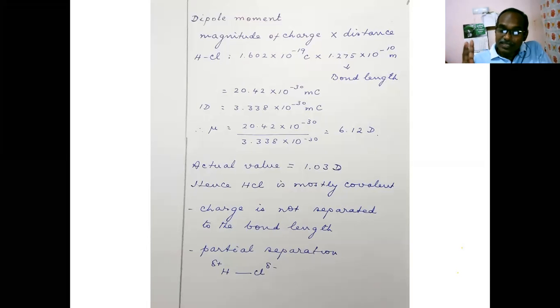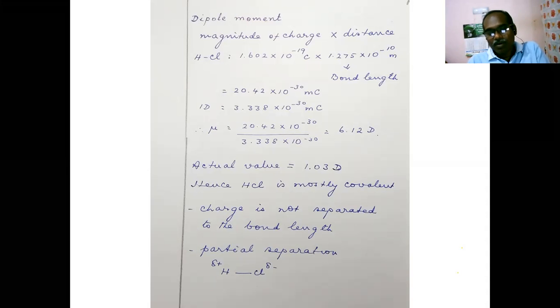The next assumption which can be wrong is that the bond length is not the distance of separation between the two charges. Therefore, these two errors can be present only in these two ideas.